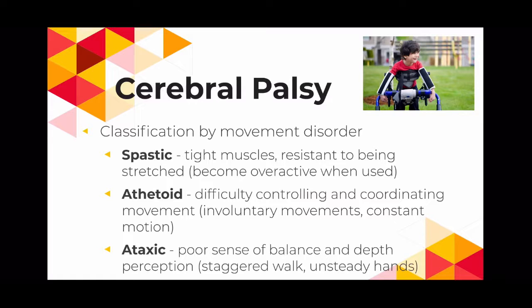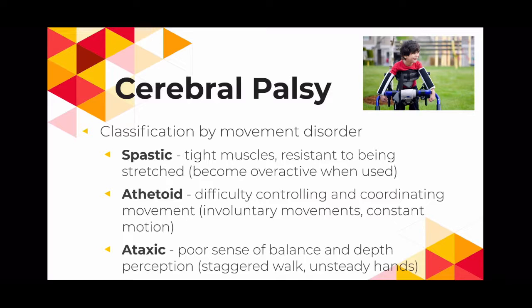And the last one is an ataxic movement disorder, which involves having a poor sense of balance and depth perception, which can lead to a staggering walk and unsteady hands. A lot of the times you might see ataxic CP patients with walkers because they do deal with a poor sense of balance. Medical professionals sometimes combine the different classifications together to better describe a CP patient.